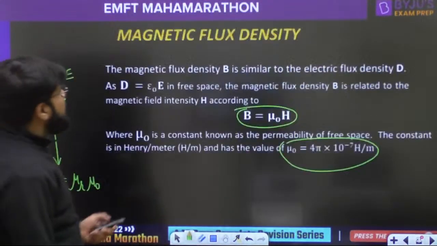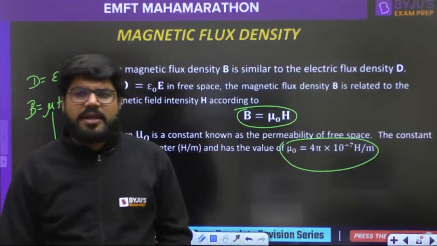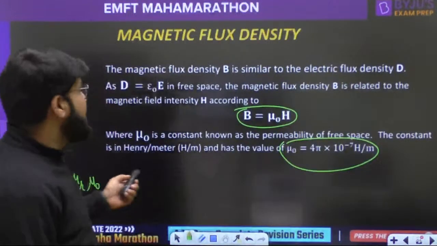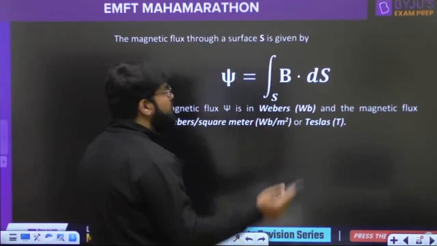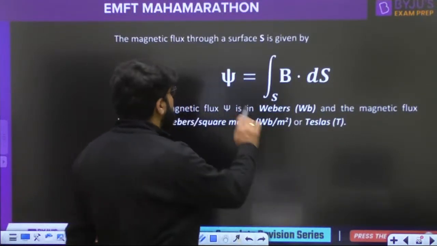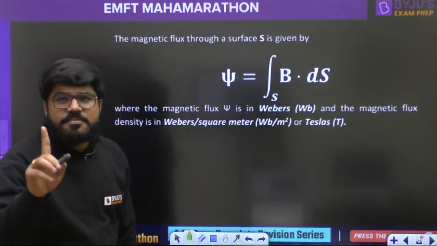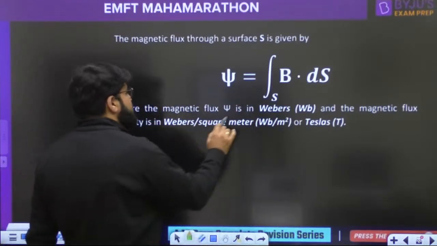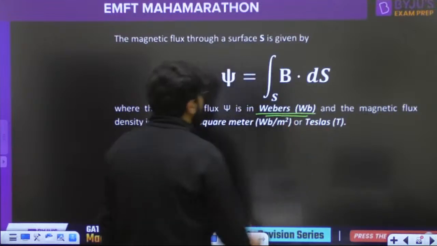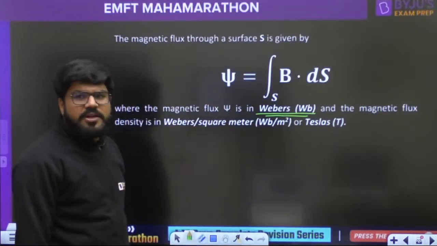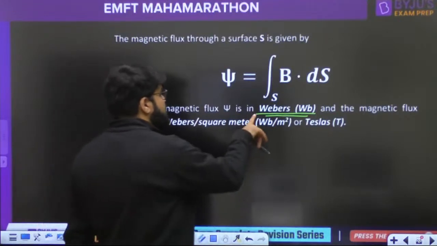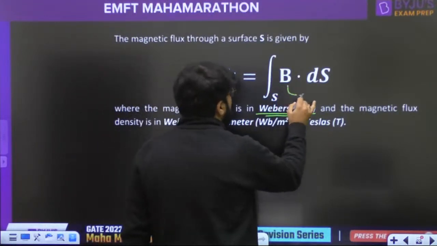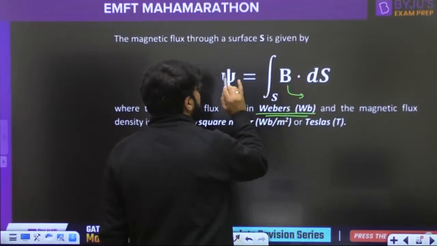Now, if I know the magnetic flux density, I can also calculate magnetic flux. Just like electric flux, we call the magnetic flux Xi only, and that is given by the integral of the flux density. Flux is measured in the unit of Webers. Surface integrating B will give you Xi.